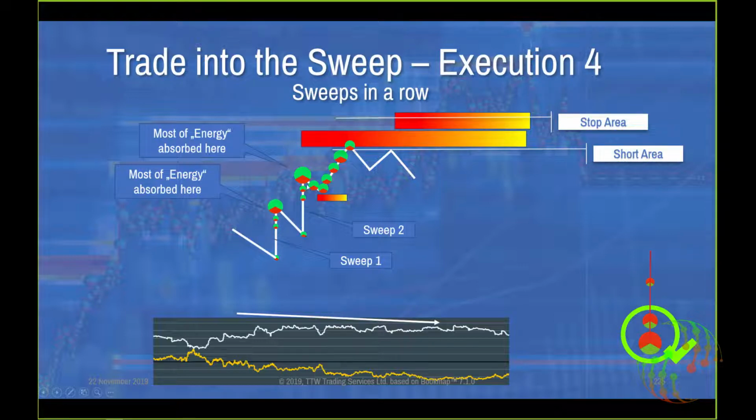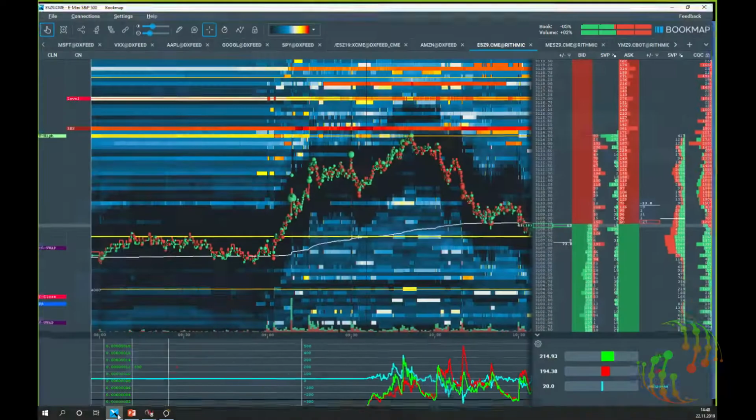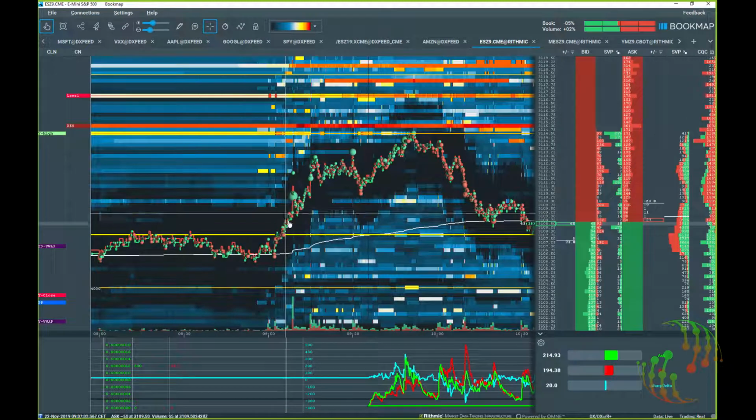Then there is retracement, and then we are looking for the liquidity. Look here. What is happening? Therefore, I would like to motivate you to go over these variations and executions because they are very common.